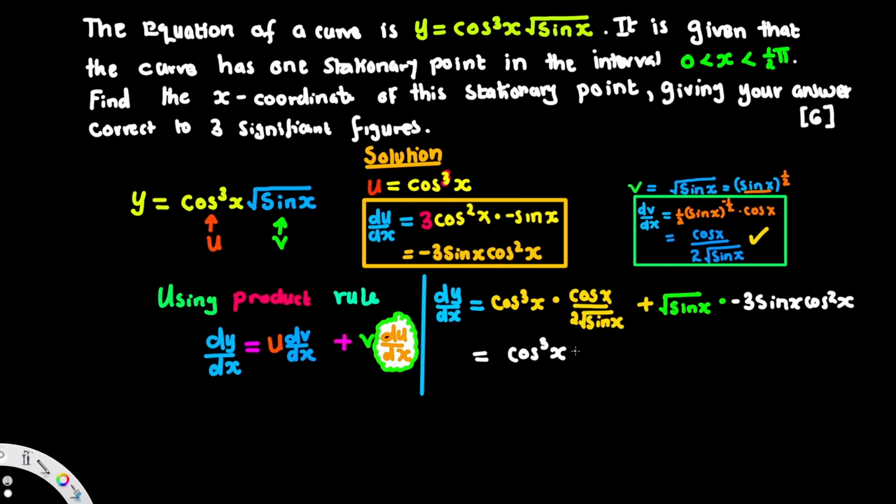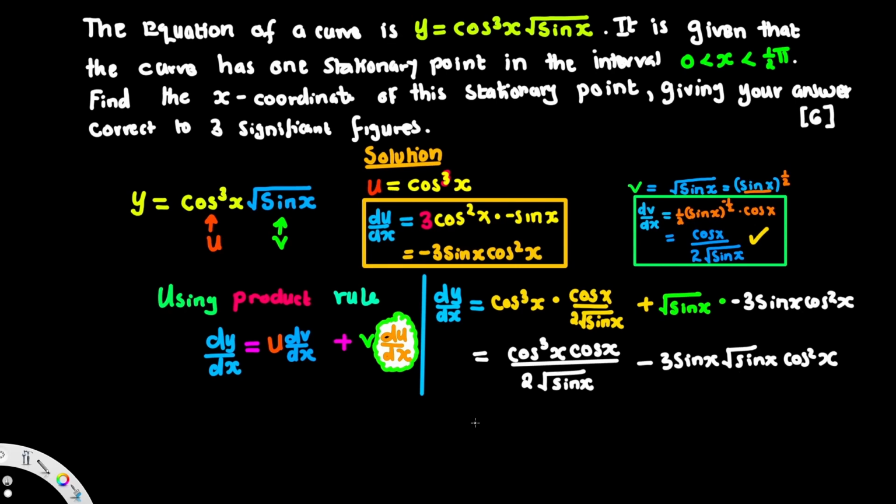It simplifies to cos cubed x times cos x over 2 root sine x, and this is going to become what? This is going to become the gradient function of y equals cos cubed x root sine x.